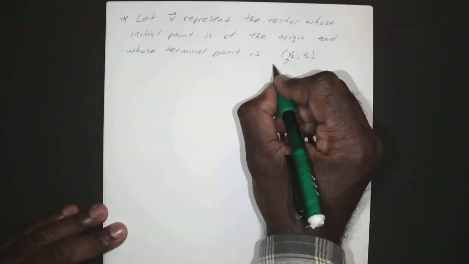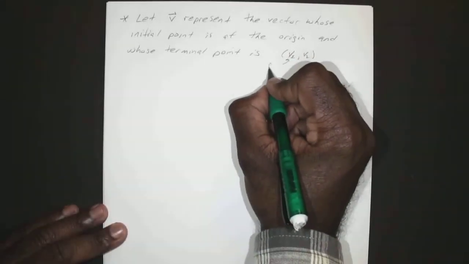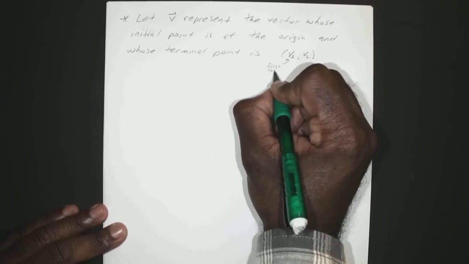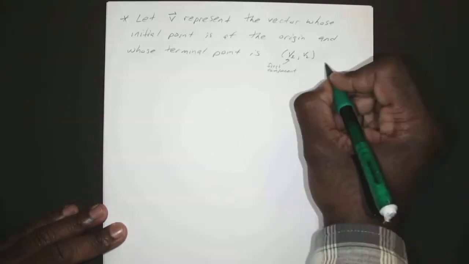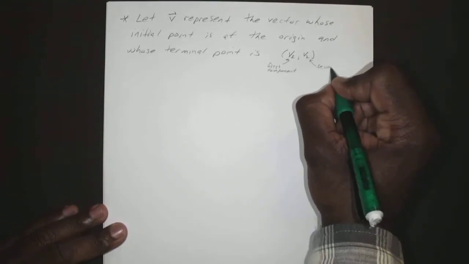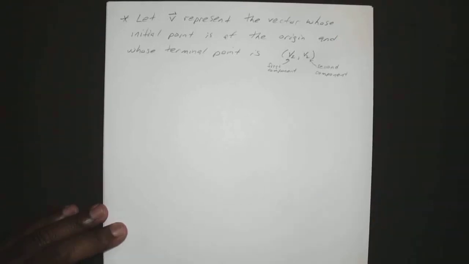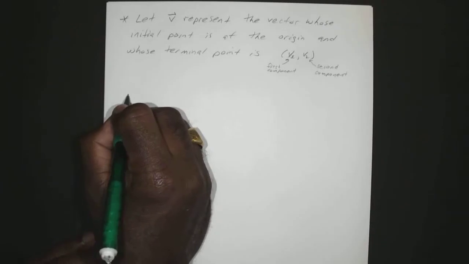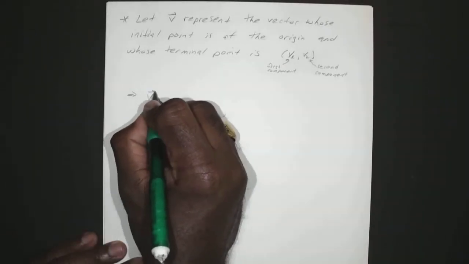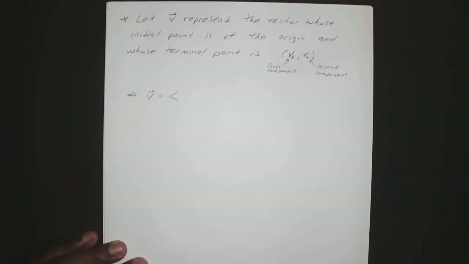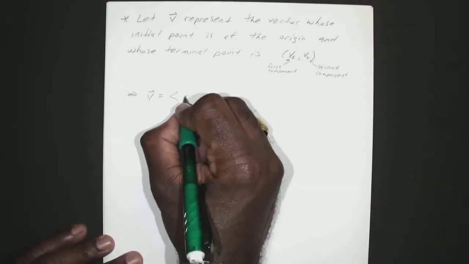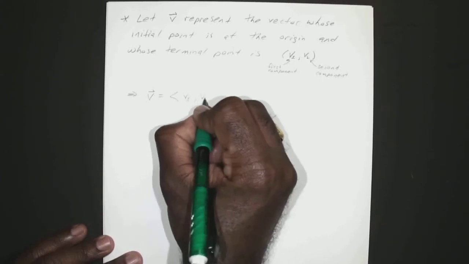Well, this is just the first component and the second component. So how we're going to write that vector is, that vector is now equal to, instead of parentheses, these sharp-edged brackets. So we have v1, comma v2.